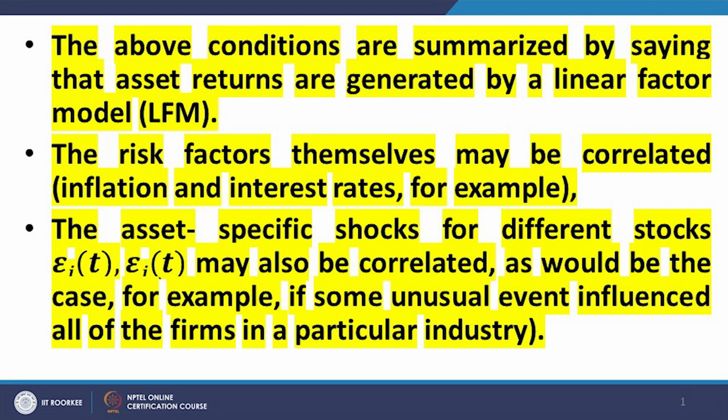Now, this assumption is at variance with the assumption that we make in the CAPM model and the single index model. In the CAPM model and in the single index model, we assume that the residual risk covariance of any two securities I and j is equal to 0, but that assumption is not made in this APT model, and to that extent the APT model is a generalization of those earlier models.